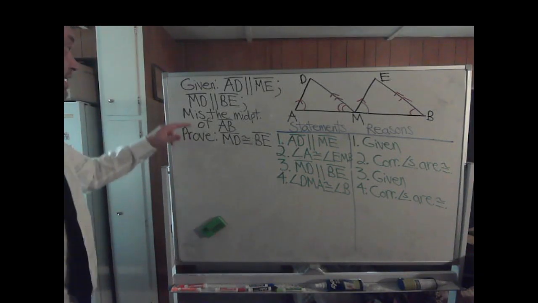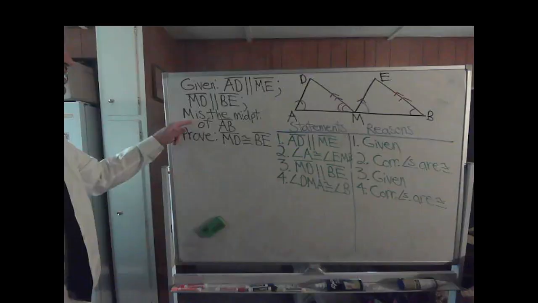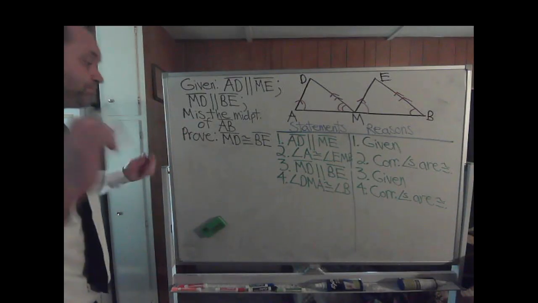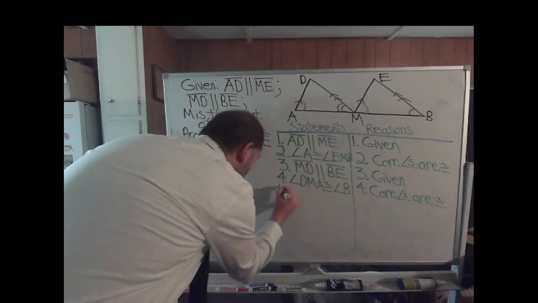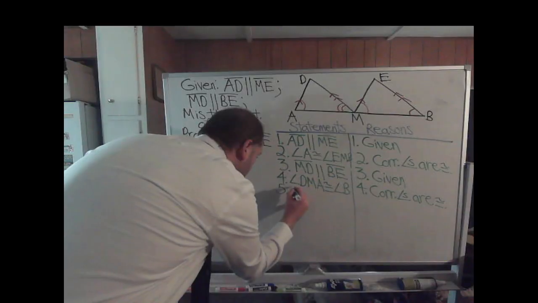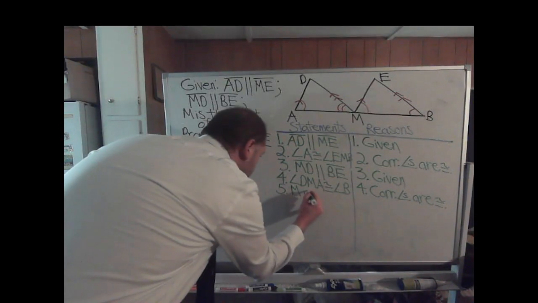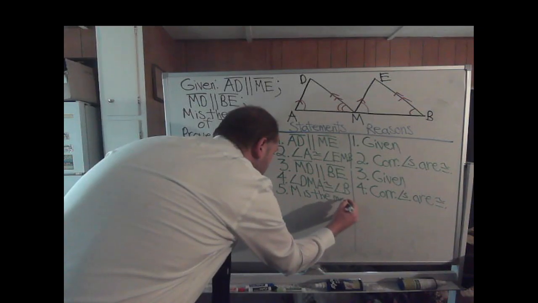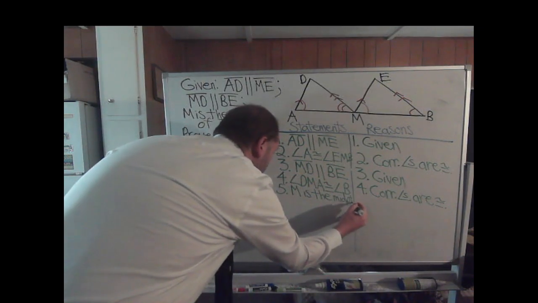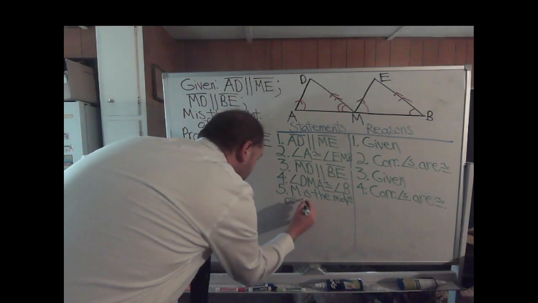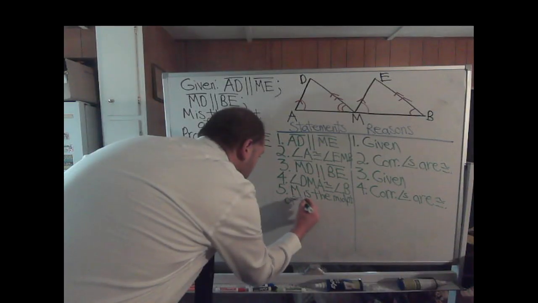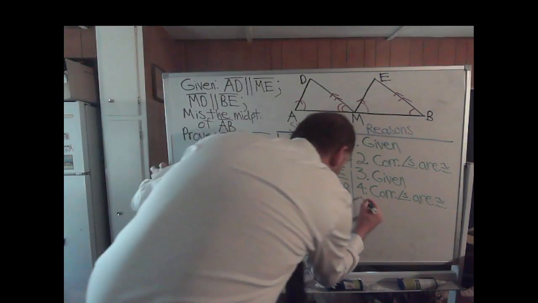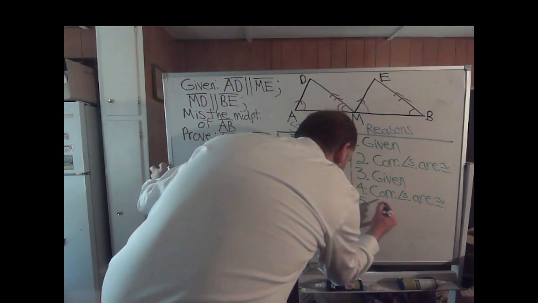Now let's go on to the final piece of given information, that M is the midpoint of AB. So well, let's write that in our given. M is the midpoint of AB. That, of course, was given to us. That's going to be reason 5.